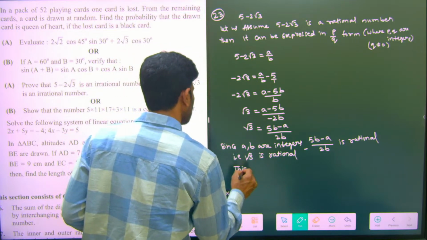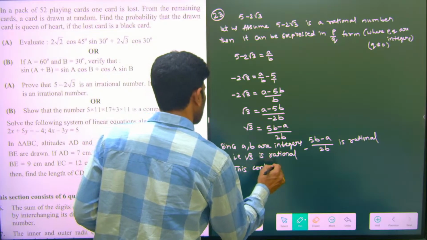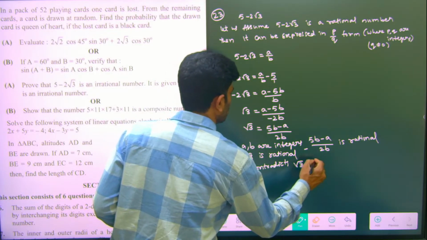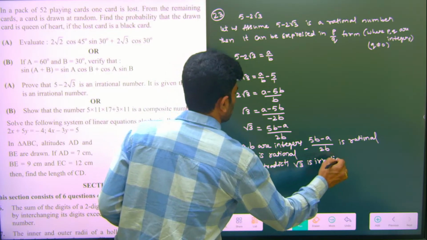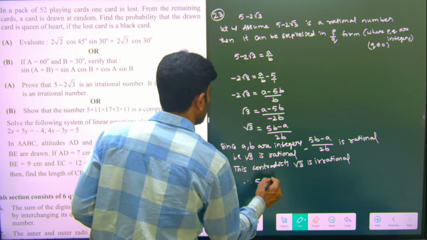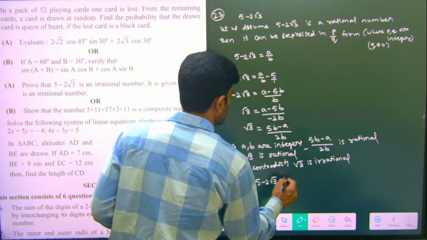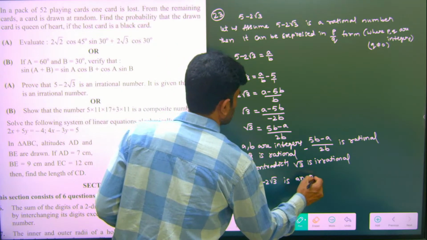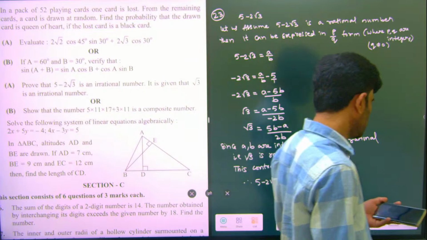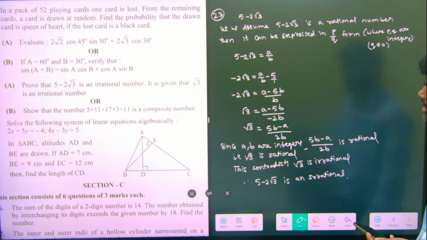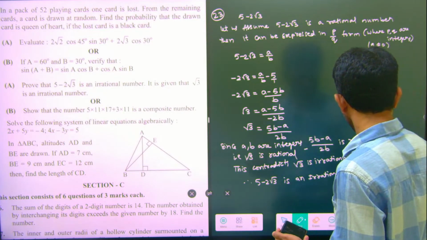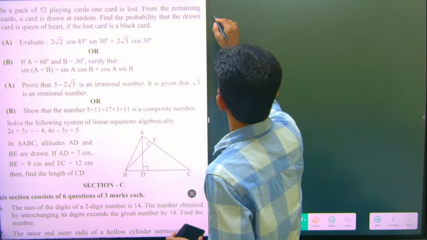This contradicts root 3 is irrational. Therefore, 5 minus 2 root 3 is an irrational. I have to write that conclusion also properly. All of you know this, but when you are writing solution, that assumption and conclusion also you write properly, then only you get full marks.